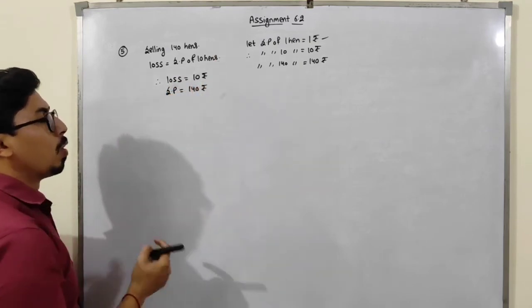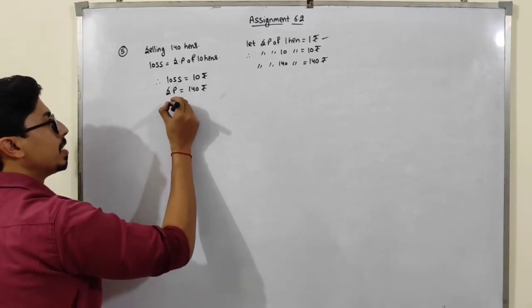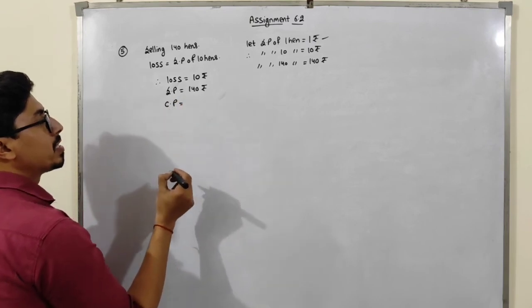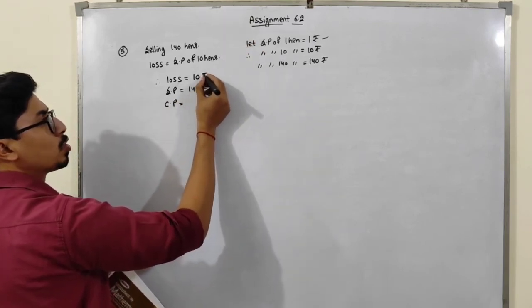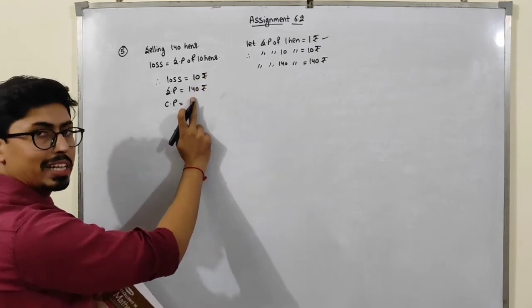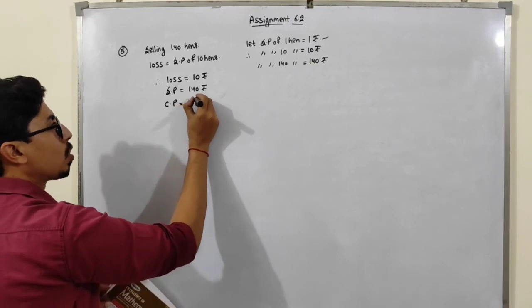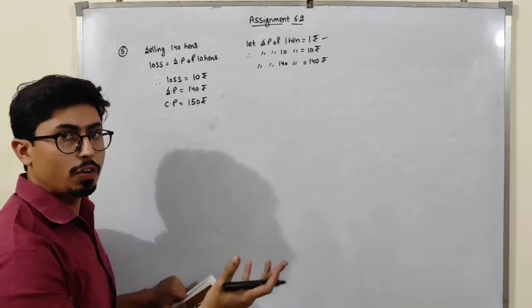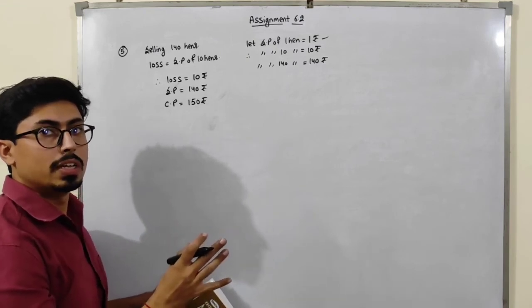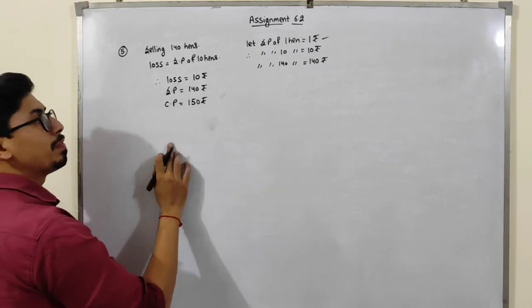Okay. Now loss is known to us, SP is known to us. Just find out the CP. CP is how much, students? See, I am getting a loss of this. I am selling something at 140 and I am getting a loss of 10 rupees. That means the cost of that will be 150. Because I am selling something at 140 and still I am getting a loss. That means the amount that I have bought is greater, so the CP is 150.